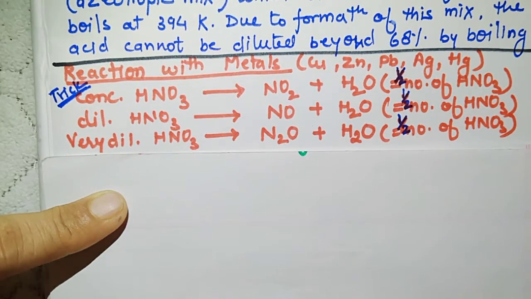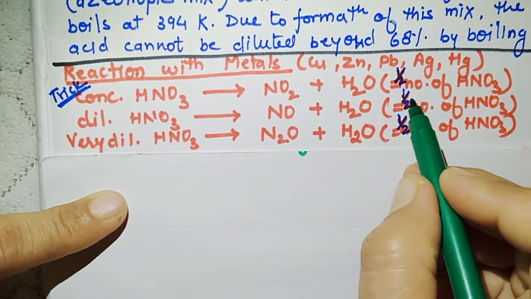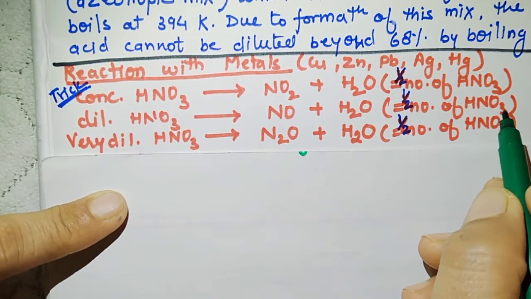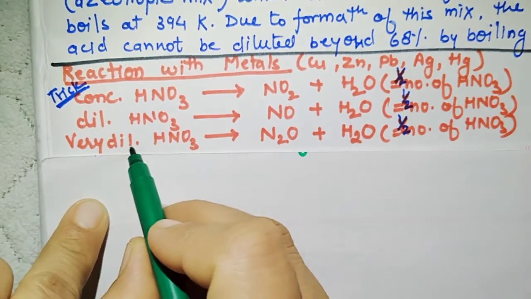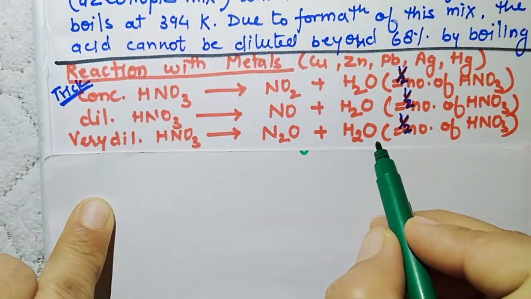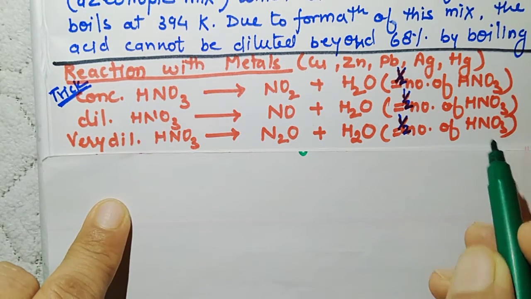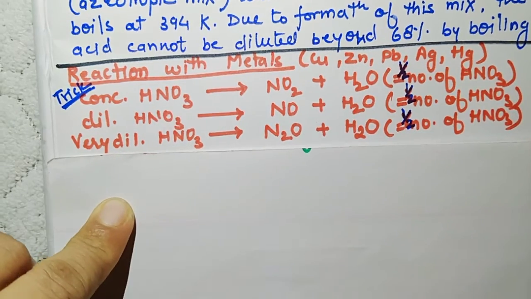The same with dilute HNO3, it will give you NO plus H2O, which will be equal to half the number of HNO3. Then very dilute HNO3, it will give you N2O and water molecule, which will be again equal to half the number of HNO3. Now what are the reactions?